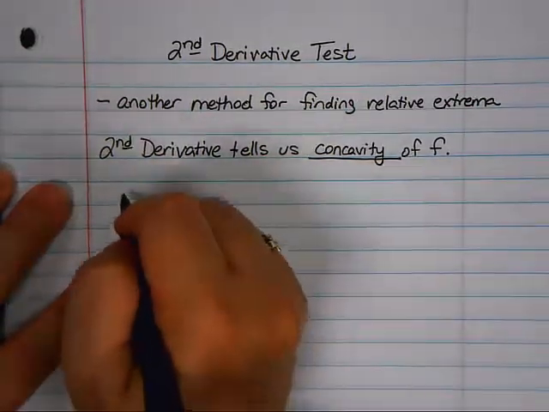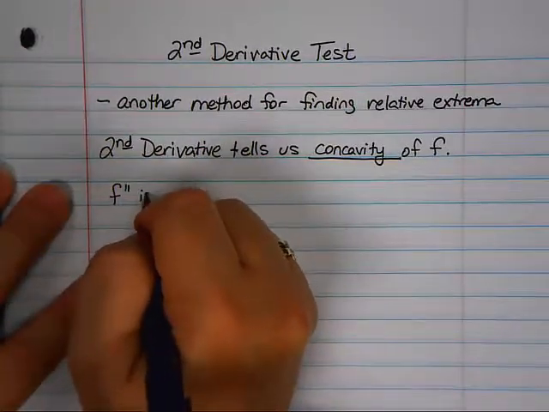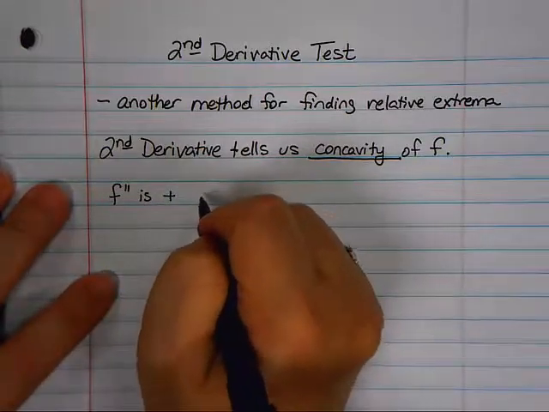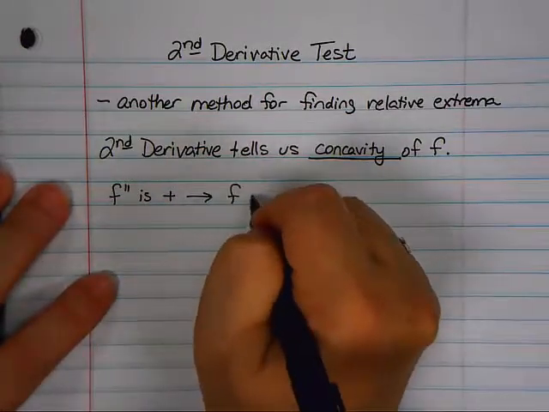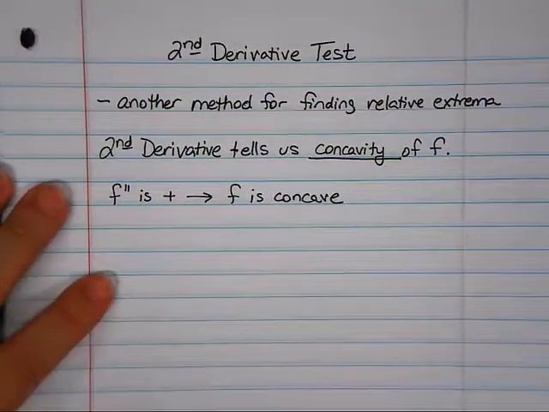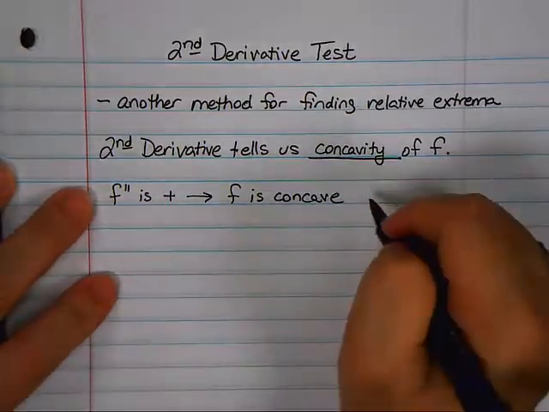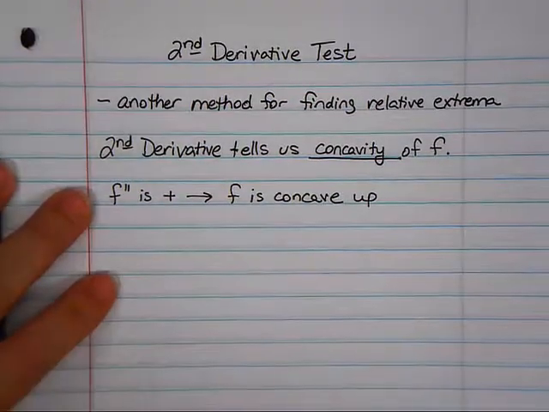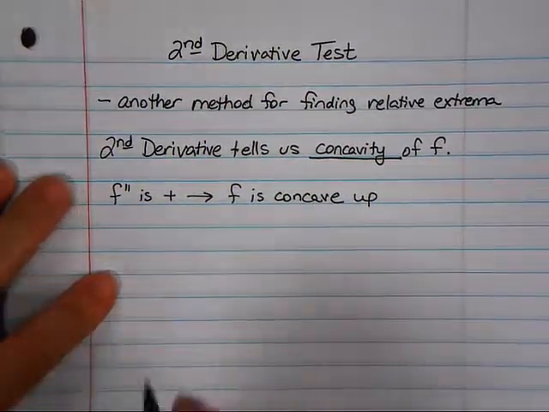Okay? So if f double prime is positive, that means that f is concave what? When f double prime is positive, f is concave up. Exactly. And you need to know that for today.